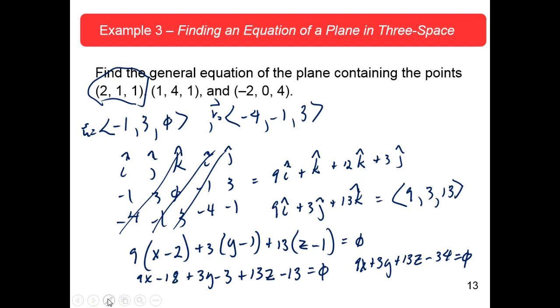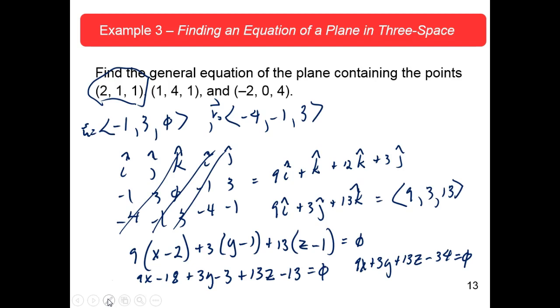Minus 18 and minus 13 and minus 31, minus 3 is minus 34. I canceled the 13 because I forgot that I ignored the z. It was minus 13 and 13, that canceled out. Not like terms. Add the constants. And that's what you got.